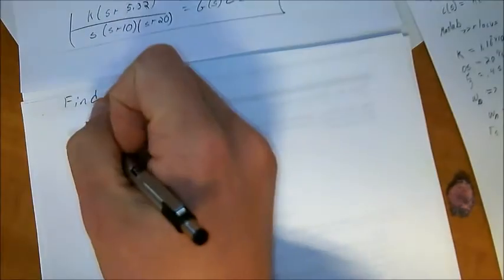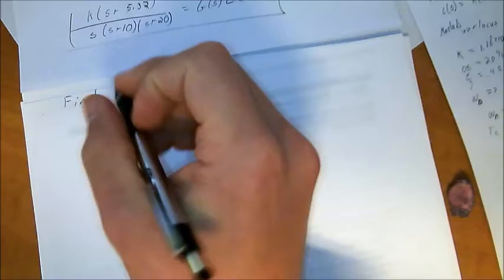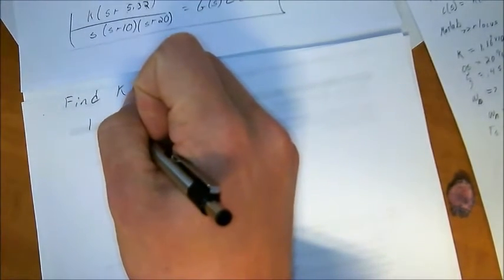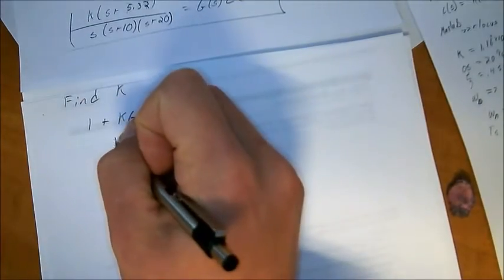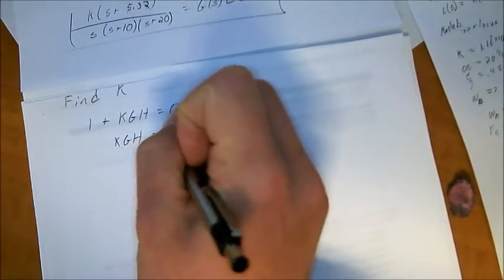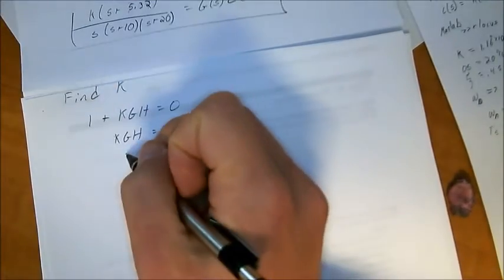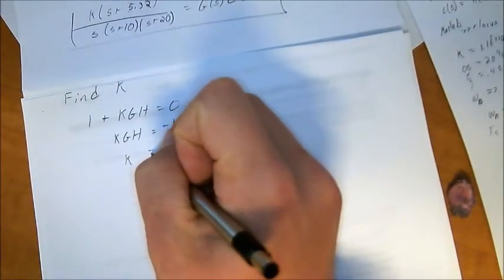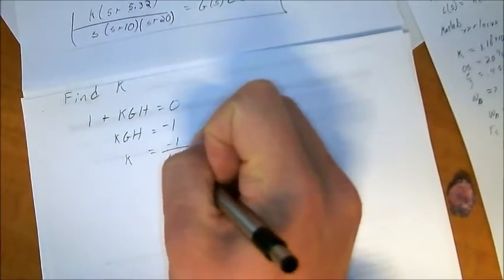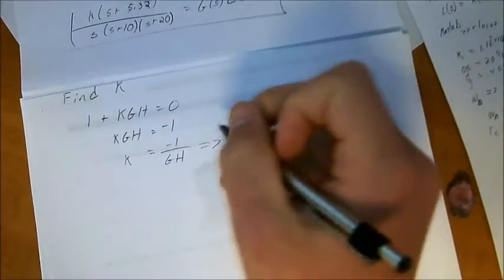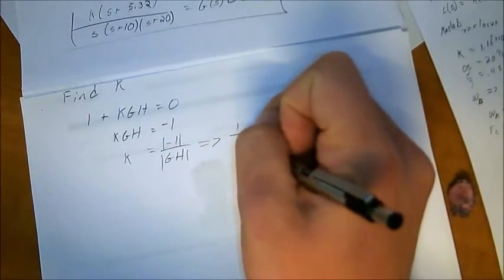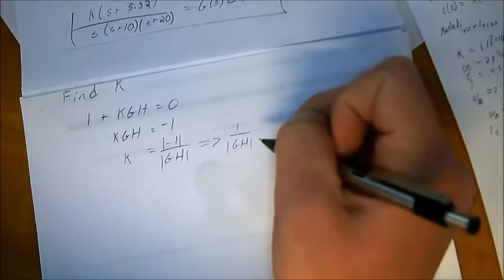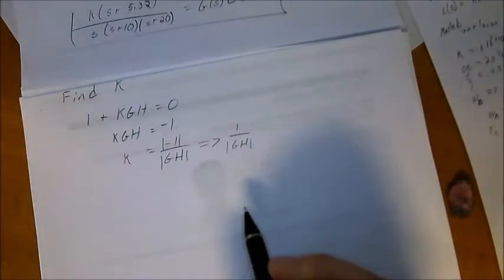So what we're going to do with this is use the open loop system. KGH is equal to negative 1. Now we're solving for K, so you can just go ahead and take K equal to negative 1 over GH. And actually, you can take this even a step further and take the absolute value of both of these, and you get 1 over GH, basically, absolute value. Okay, so now what is GH?